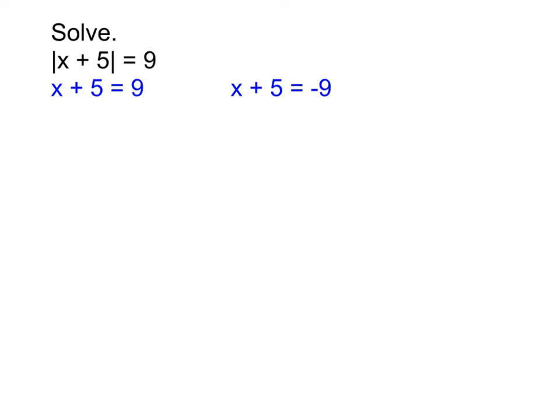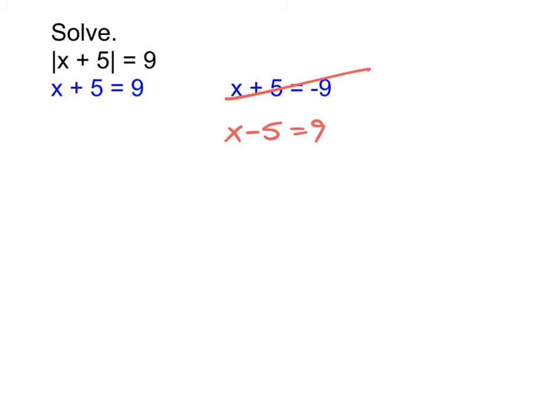Now, a little side note here. Notice, the x plus 5 that was inside of the absolute value stayed the same, right? x plus 5, x plus 5, x plus 5. On none of those did I change it to x minus 5. And yet, by the end of today, I will probably see somebody trying to do that, because one of the big errors that I see when solving these absolute values is that somebody will write x minus 5 equals 9.